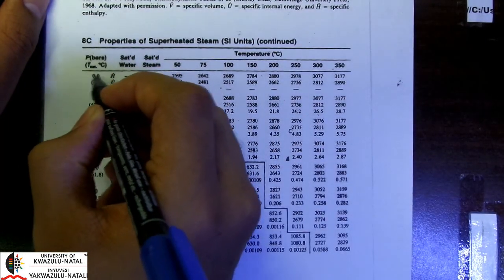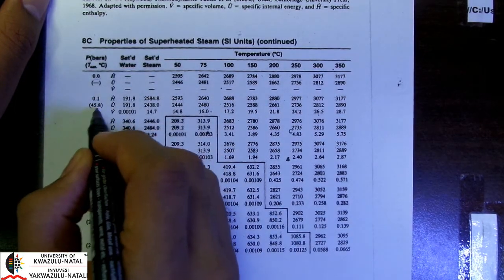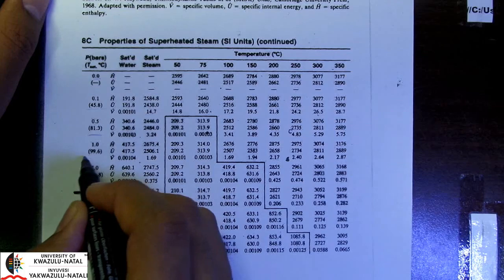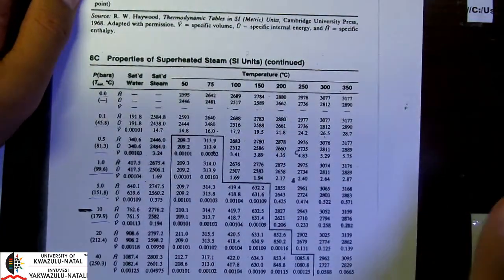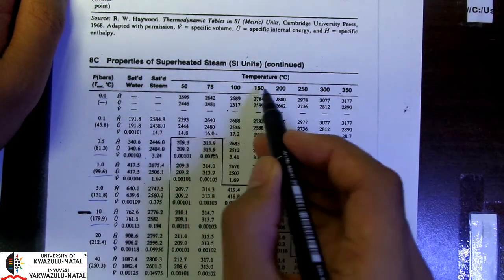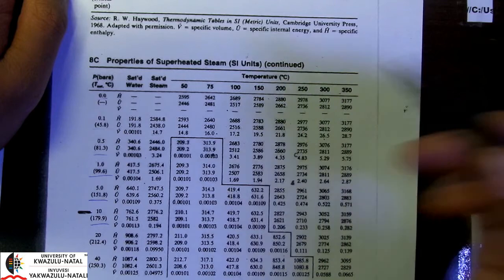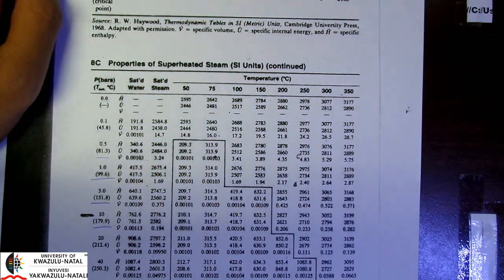And as you can see, for each pressure we have the associated saturated temperature stated in our brackets here. And for each pressure we have various temperatures from 50 to 350, and the table of course extends to more than 350 degrees.